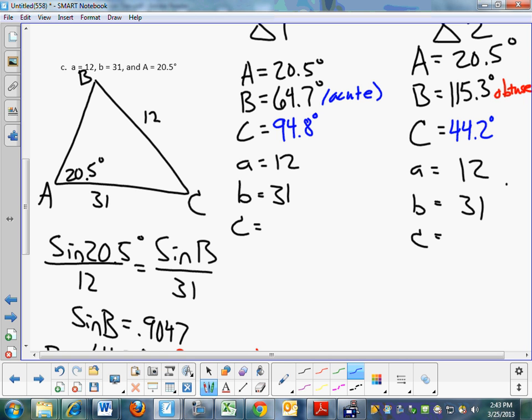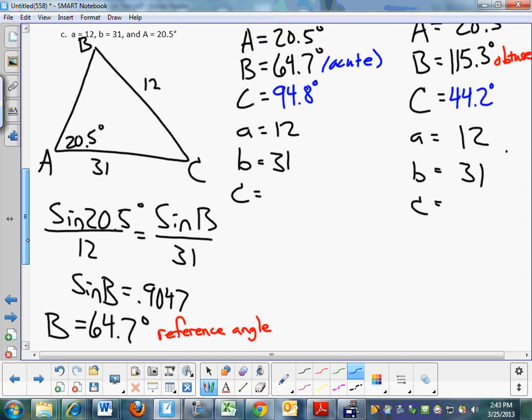So I've got those two different spots. How do I find side C right here? Law of sines.